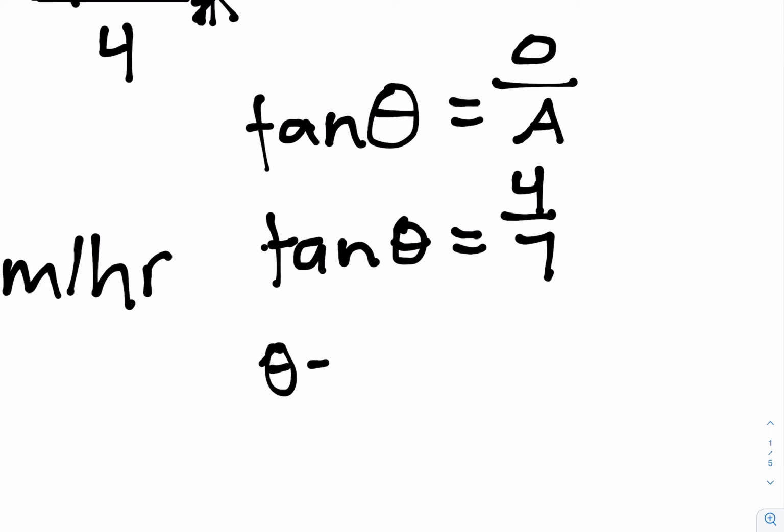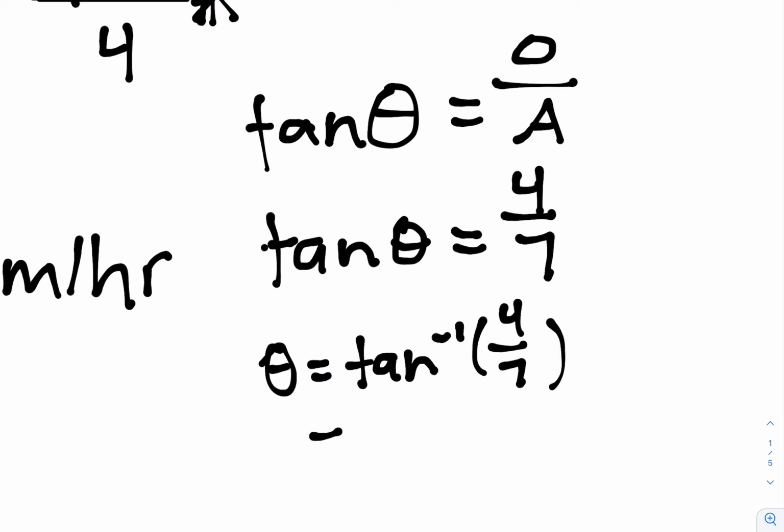So that means, remember, theta is going to be the inverse tangent of that ratio 4 over 7. Okay, so now if we just go to our calculator here, the inverse tan of 4 over 7 is going to be 29.7. So we can just say about 30 degrees.